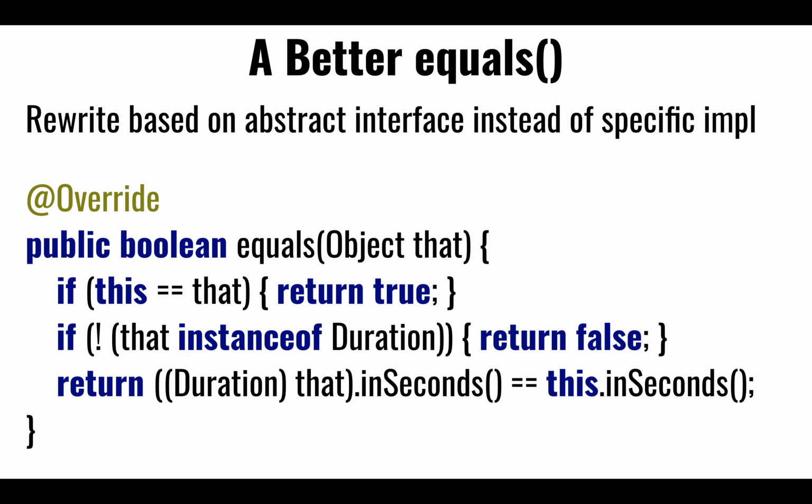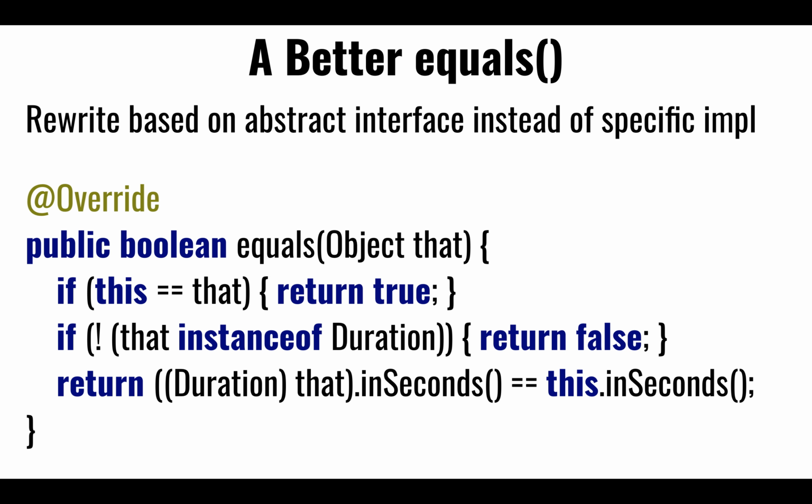A better equals is one that is not dependent on any particular implementation. We had inadvertently used it because we are inside of the duration impl. Our first impetus is to use all references to that particular implementation.